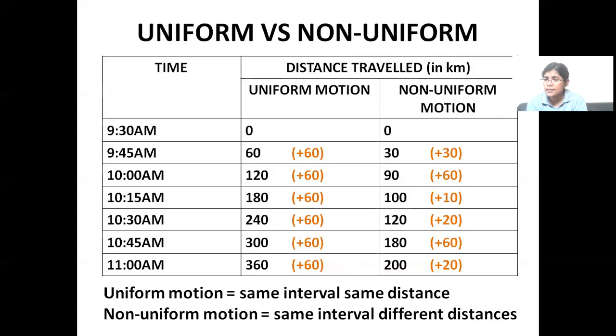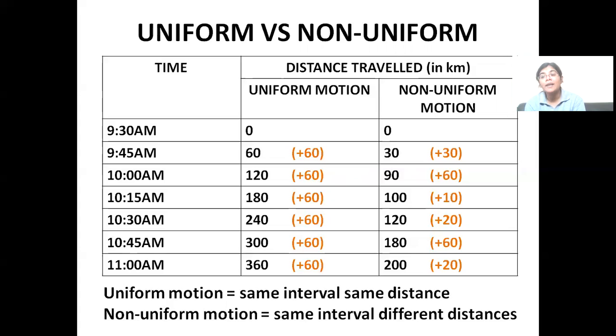Now imagine this. I start from Mathura and I'm going to Delhi. Somewhere in between there is a traffic block. I go slow. Say I could cover only 30 kilometers in 15 minutes. And then I got a free stretch. I accelerated and I moved 60 kilometers in 15 minutes.